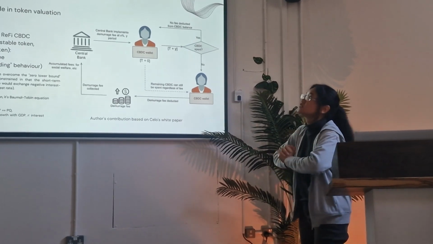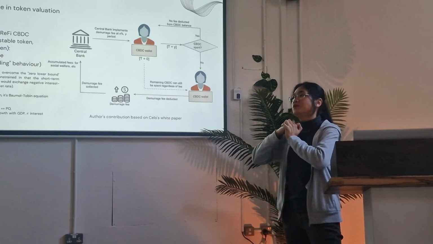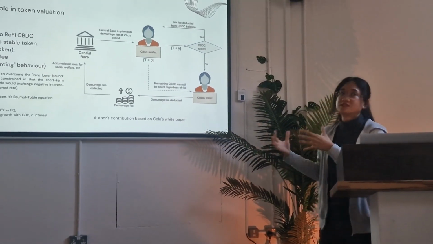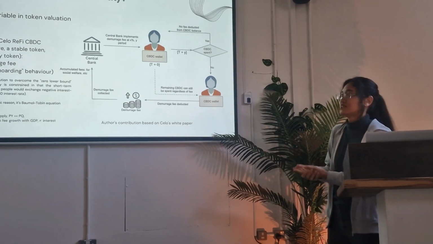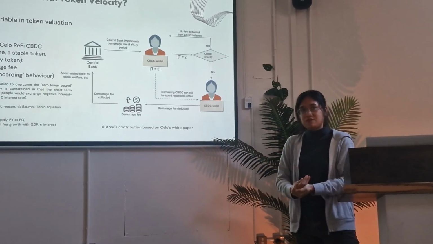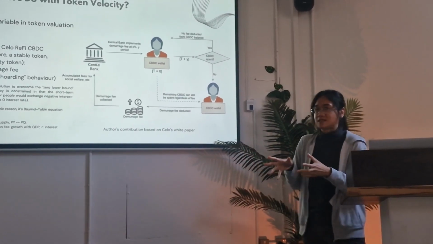Hoarding here means, say in a recession, people tend to withhold their money in cash, preferring cash and hoarding their money, which is understandable. And we cannot impose negative tax rates, as cash itself doesn't have any tax rate.